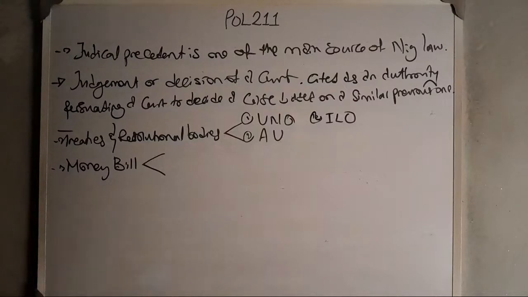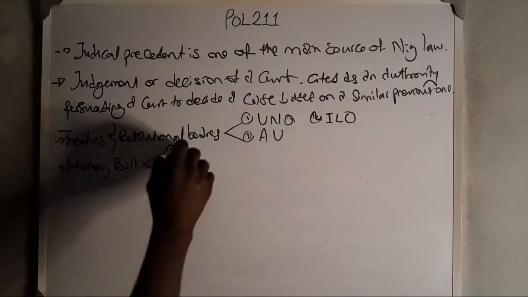So we have two definitions here. A money bill is also seen as an appropriation bill that is used for payments, issue or withdrawals.